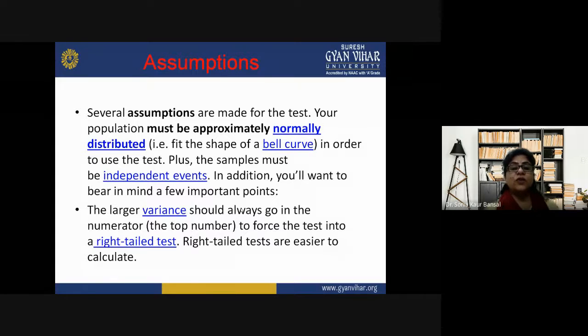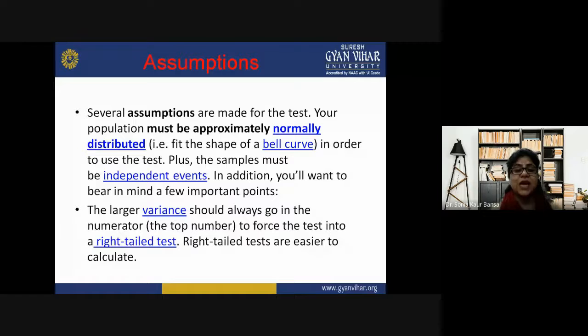In addition, you will want to bear in mind a few important points along with that. First of all, it assumes that your population is normally distributed. Whatever population you have taken, all the units are equally distributed. There is no difference in that. The bell curve is the best curve, which is considered the normal probability curve.